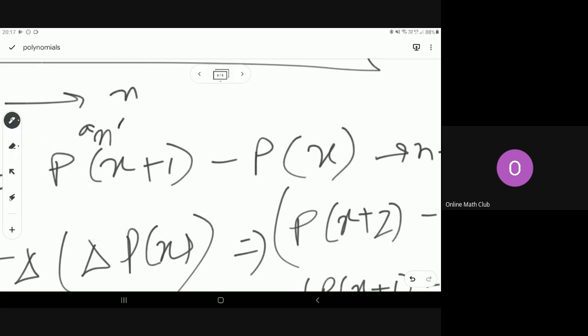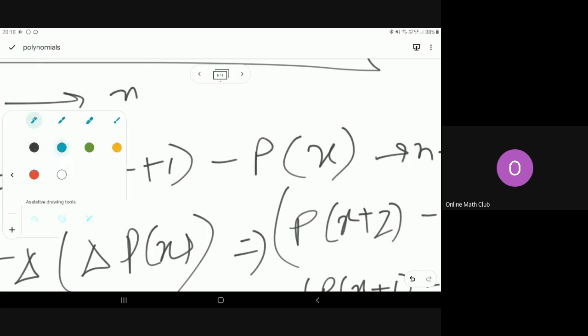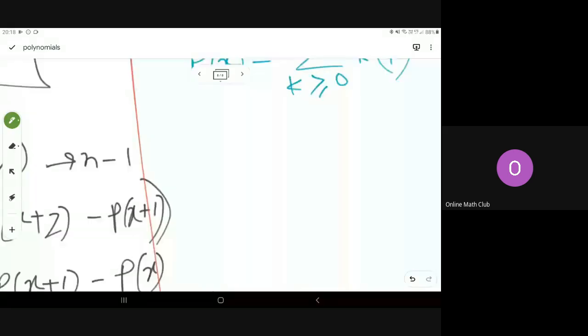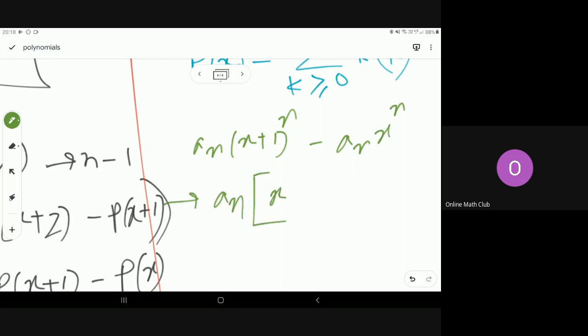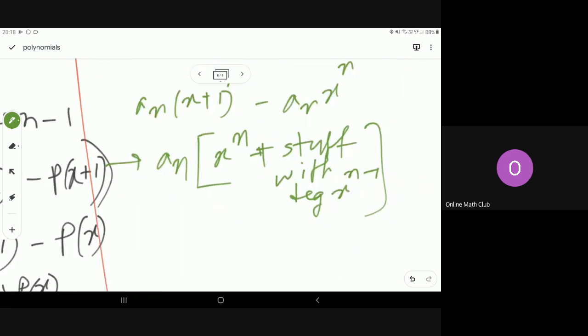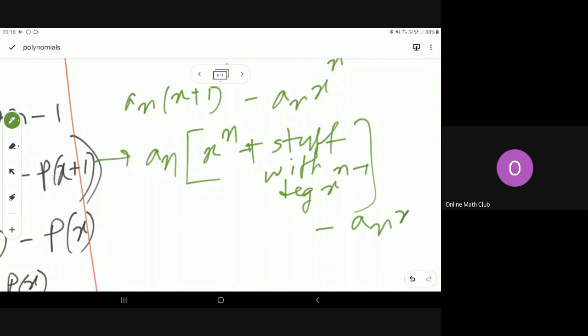To be honest, the highest degree term in here: suppose the leading coefficient is a_n. So the leading term is a_n times x plus 1 whole to the n, and the leading term here is a_n x to the n. If you open this with the binomial theorem, this gives you a_n x to the n plus stuff with degree x to the n minus 1, minus a_n x to the n.